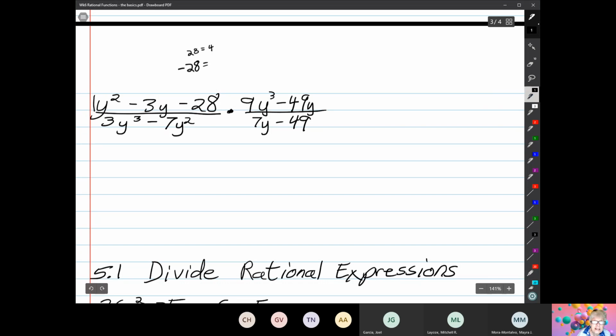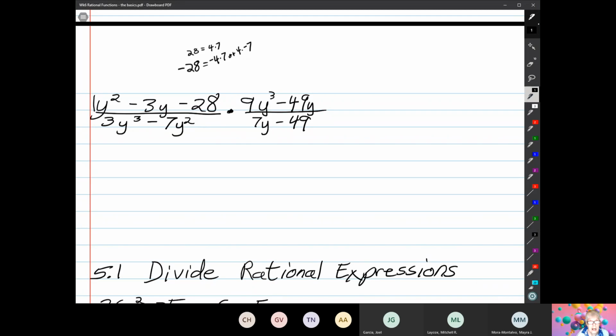It's not the only one, but it's the most common one, quite honestly. But that's not going to do me any good. Oh, yes, it is. Because negative 28 will equal negative 4 times positive 7, or positive 4 times negative 7.